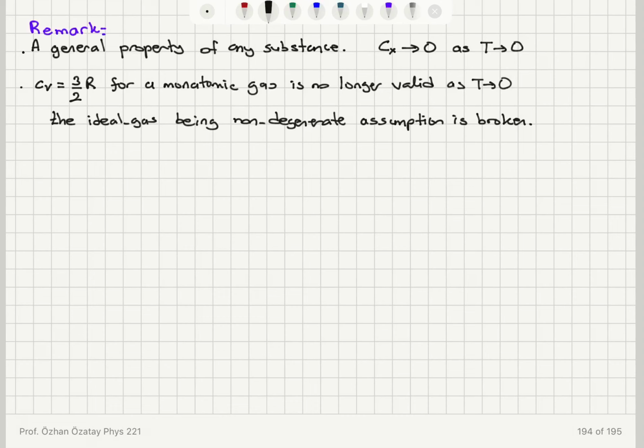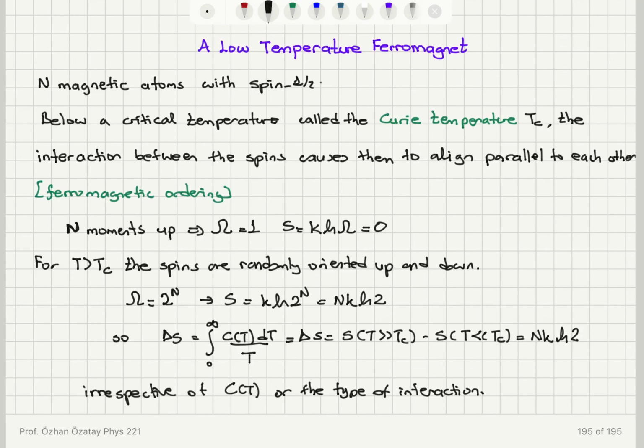If you go to our treatment of the monatomic ideal gas using the canonical distribution, where we assume that we have a non-degenerate gas, we obtained 3 over 2 R, a temperature-independent molar specific heat, and this non-degenerate gas assumption is broken at low temperatures. And then we have looked at a specific example, a low temperature ferromagnet which has capital N magnetic atoms with spins 1/2. Below a critical temperature called the Curie temperature, there is a phase transition.